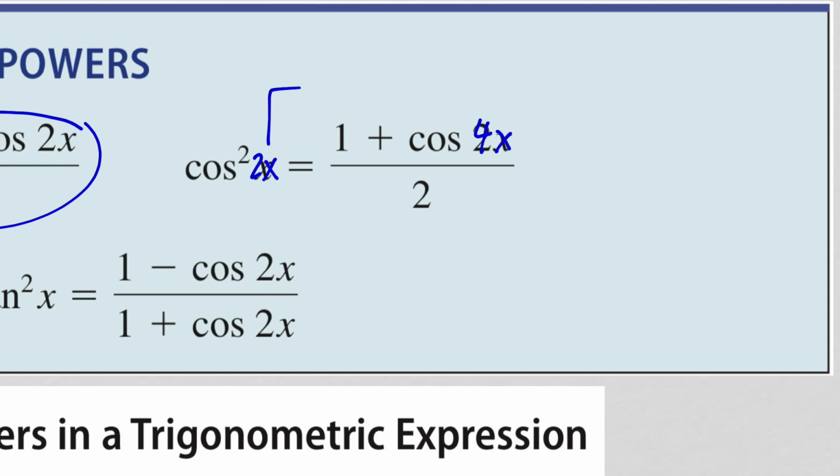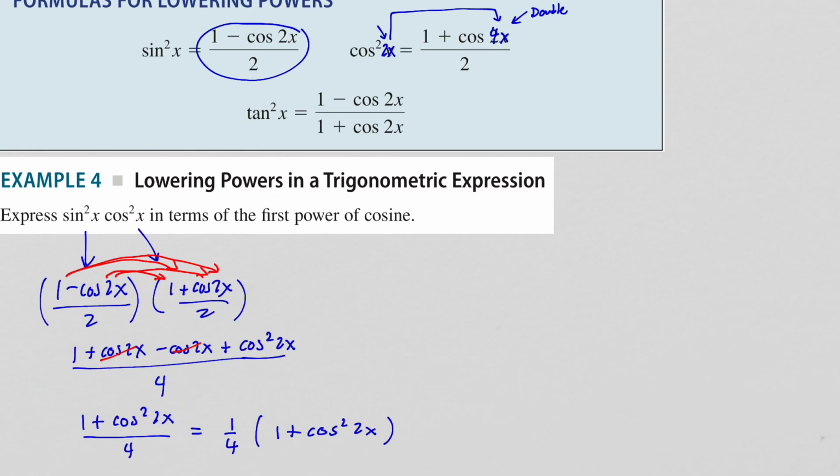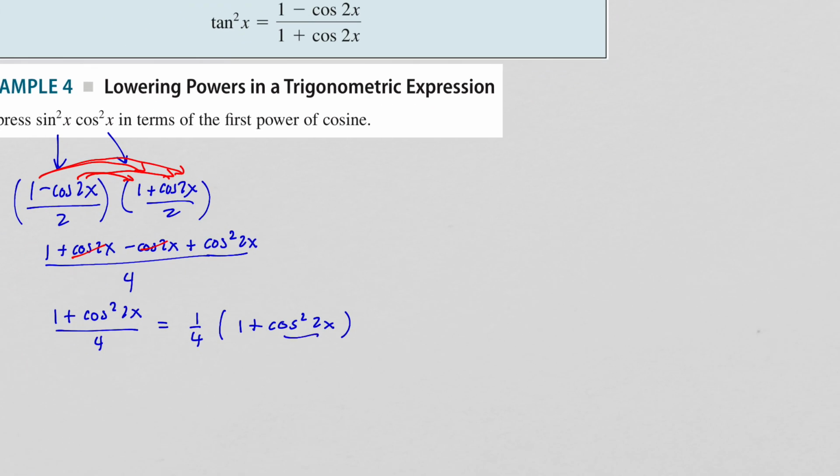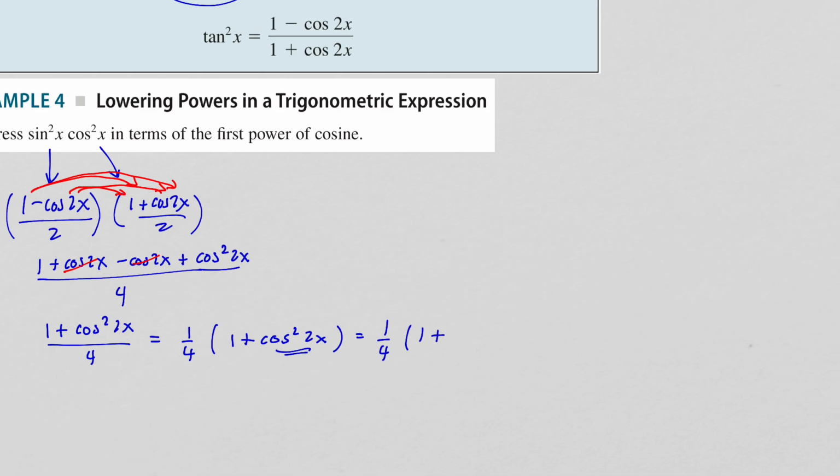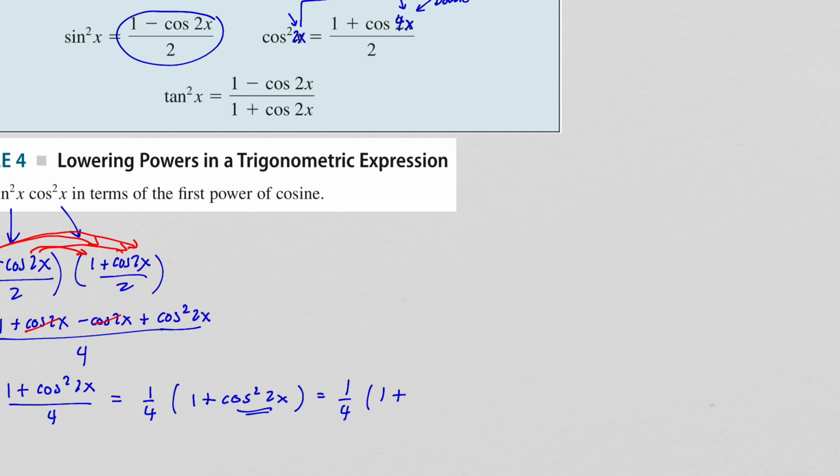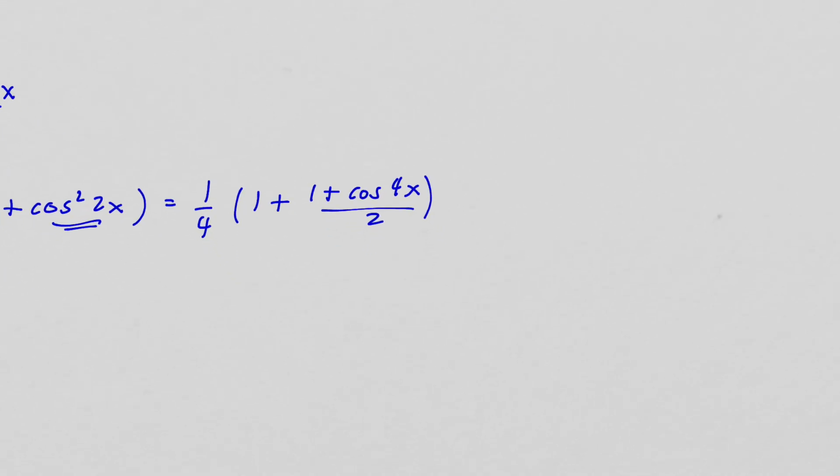So the relationship is this angle over here needs to be double what the angle is here, okay? So this cosine squared of 2x down here is going to be replaced. So we have 1/4, 1 minus, and then cosine squared of 2x is going to be 1 plus cosine of 4x divided by 2. And now we just need to work this out.